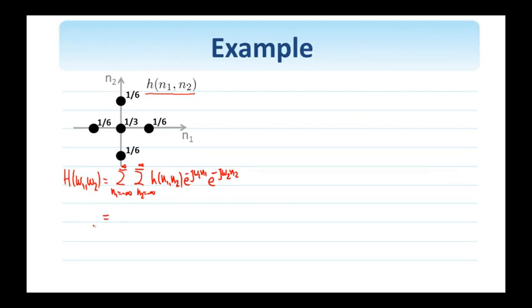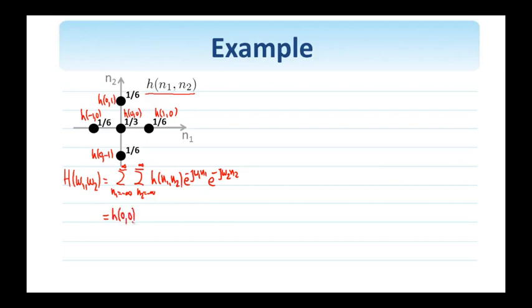So we have the h of minus 1, 0 sample, h of 0, 0, h of 1, 0, h of 0, minus 1, and h of 0, 1. So out of this infinite sum, I only have these 5 terms.